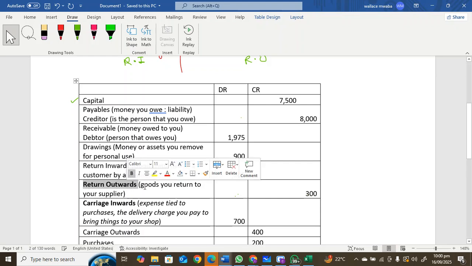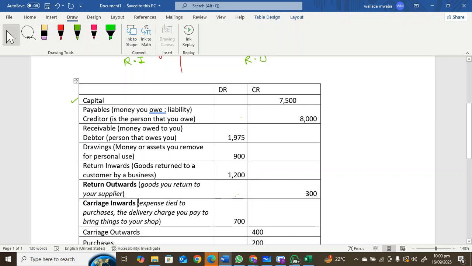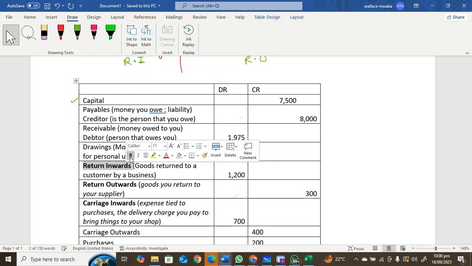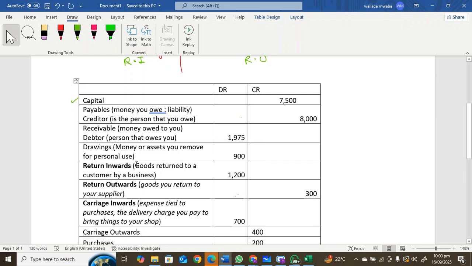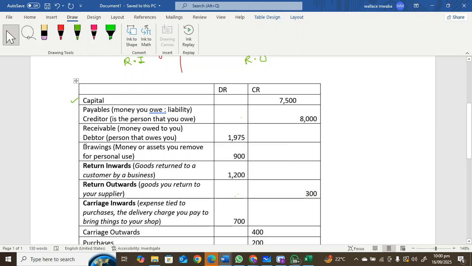That's correct. Yes, if you transport goods to your customer and you're taking on that transportation charge, that's carriage outwards. So it's also an expense.